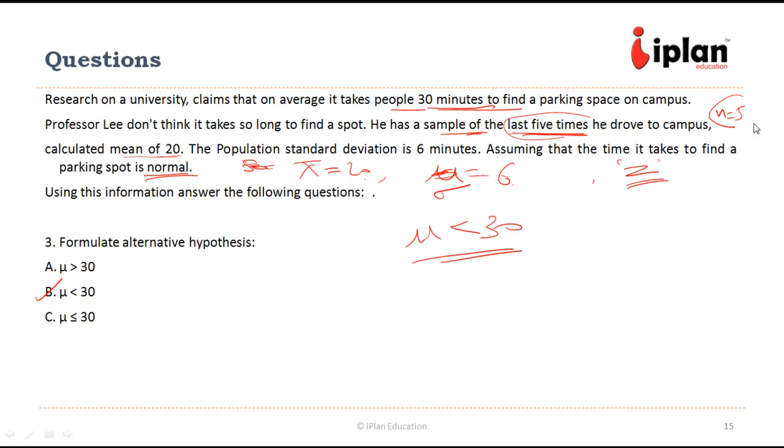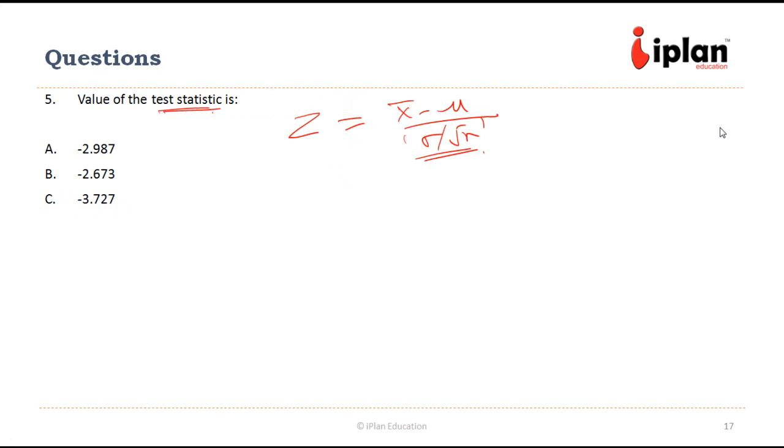Number of elements in the sample are 5. So let us put these values. X bar is 20 minus 30 divided by sigma, which is 6 divided by square root of 5. This gives us negative 3.727. That is option C.